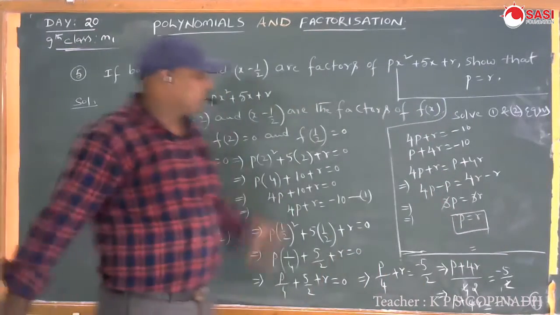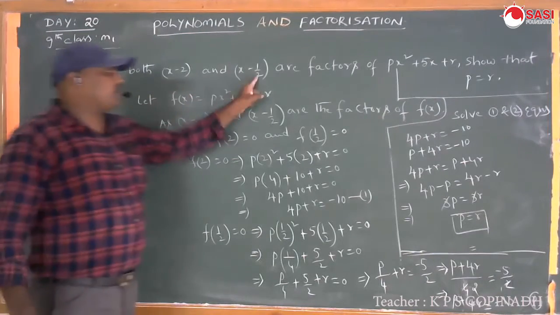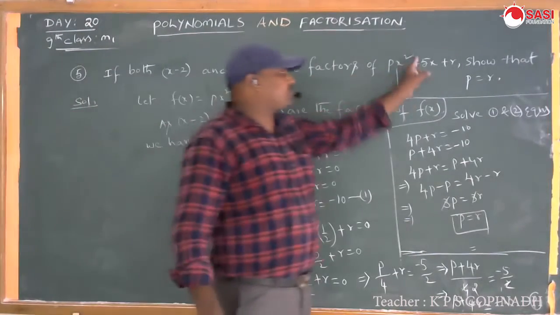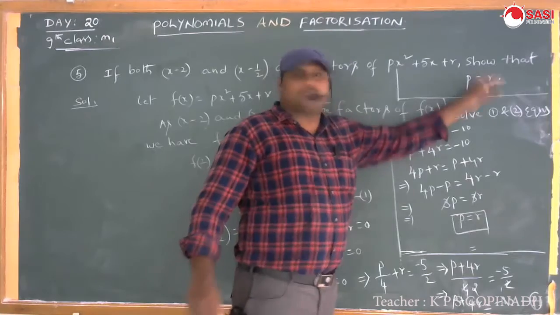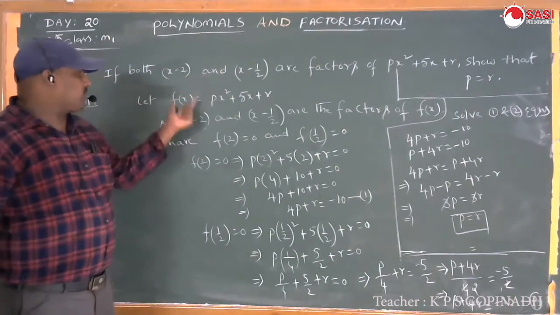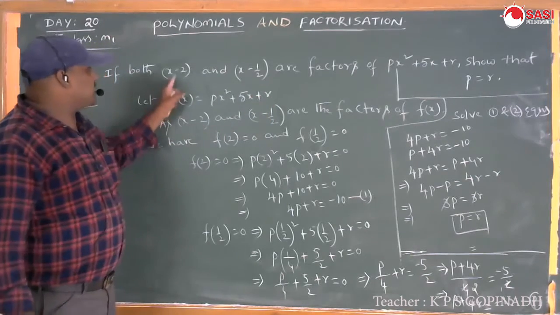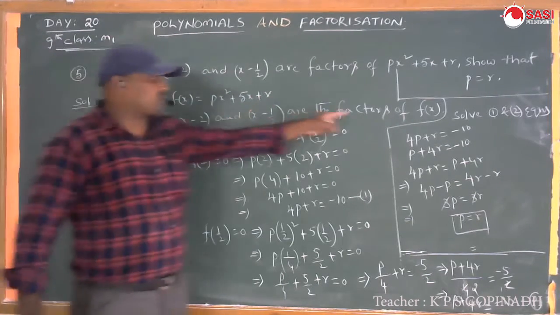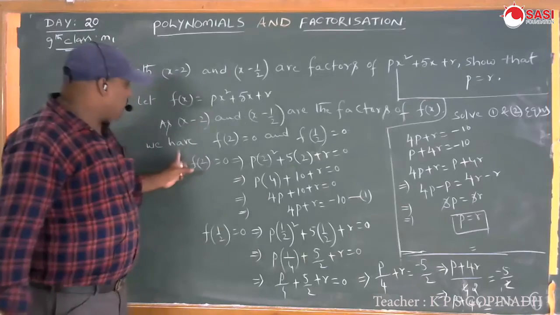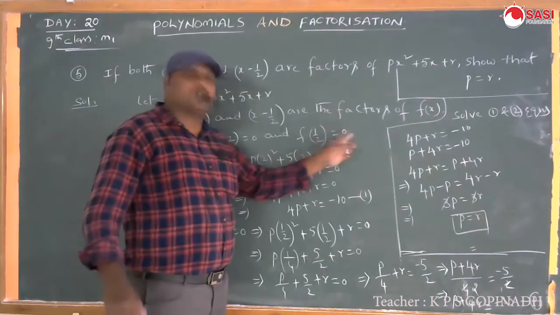Understand? So check once: if both x minus 2 and x minus 1 by 2 are factors of px square plus 5x plus r, show that p is equal to r. First of all, let f of x be equal to px square plus 5x plus r. As given, x minus 2 and x minus 1 by 2 are factors of f of x, so we have to show that f of 2 is equal to 0 and f of minus 1 by 2 is equal to 0.